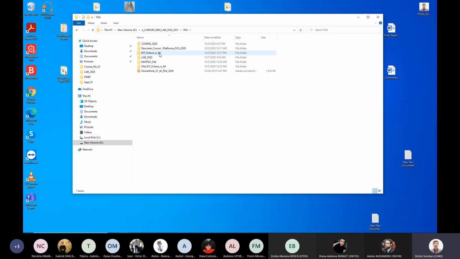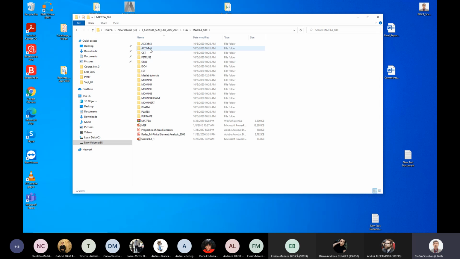So, as I told you, we need Octave. We need Octave because we have a lot of finite element codes. I will give you all together or one by one. For example, for the first two labs, we use just these files in this directory.